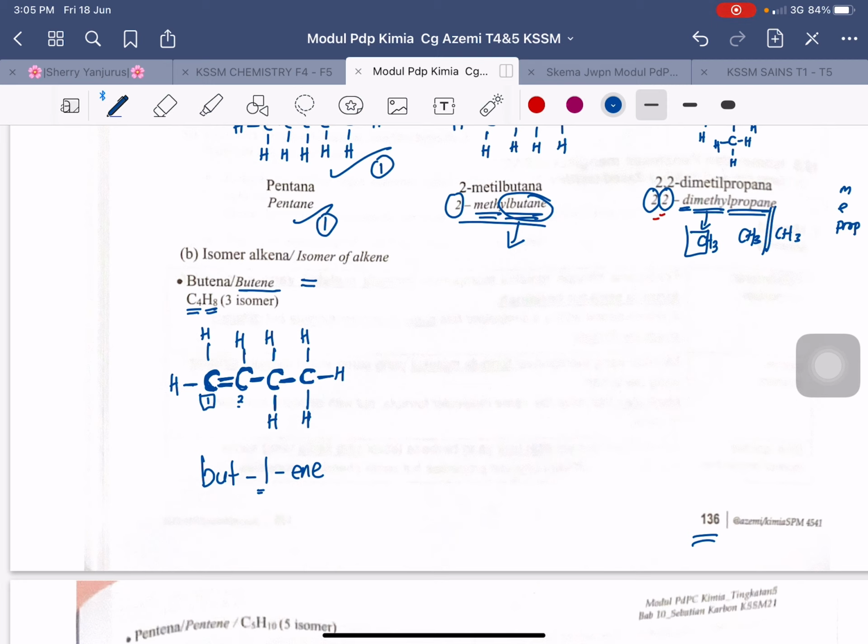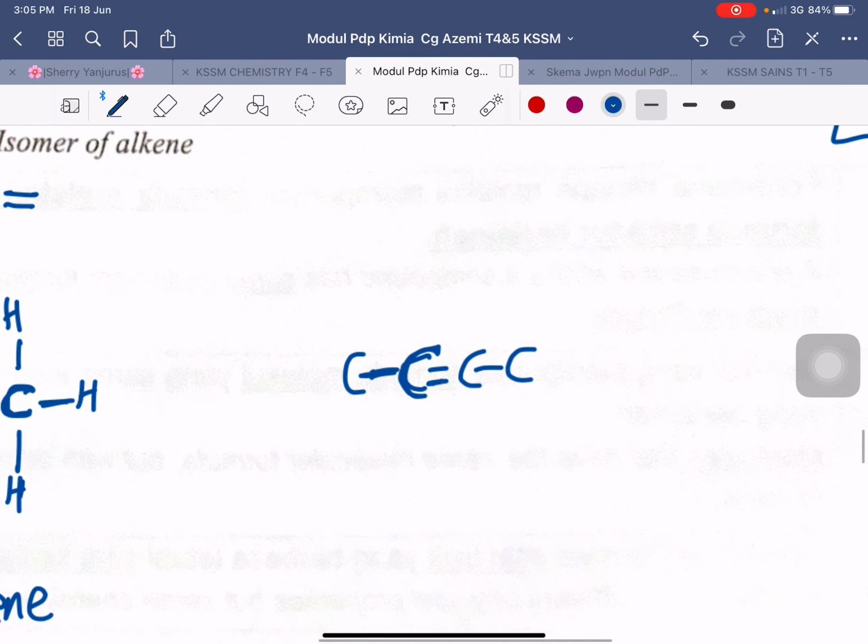There are 4 carbons. 1, 2, 3, 4. But now the double bond is no longer in the first position. It's in the second one. Because we want to draw an isomer, we must find different structures. How? Change its position. So let us draw the chain.